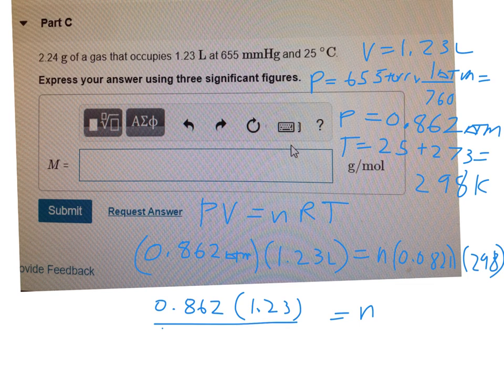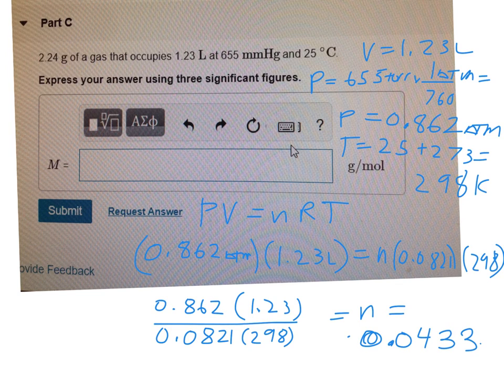Once again, I'm not writing units because I'm working with a really old stylus and a really old device today instead of one of my newer ones. And that gives me 0.0433 for my number of moles.